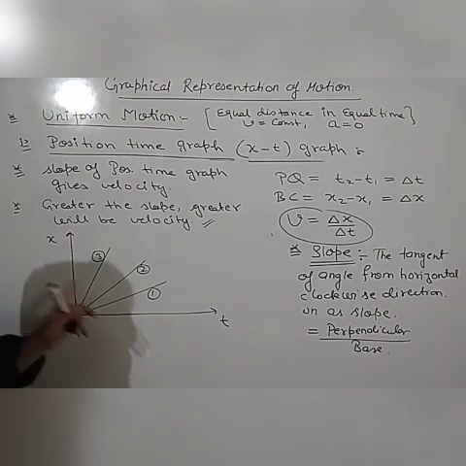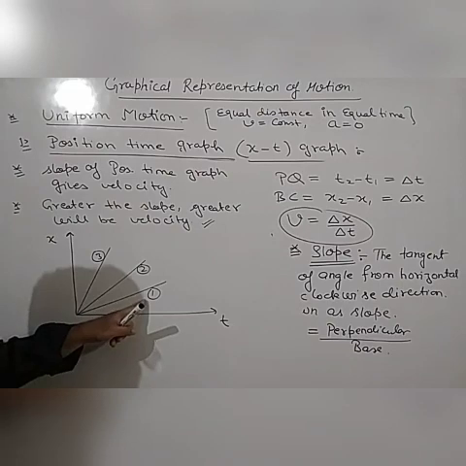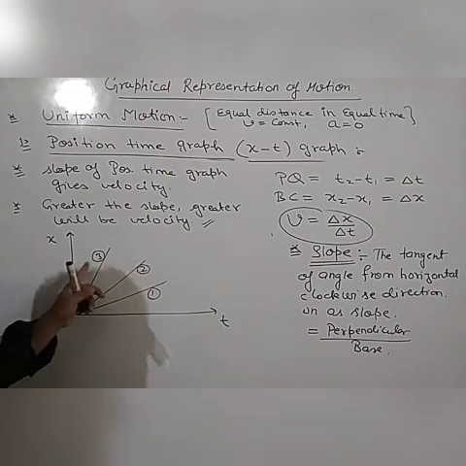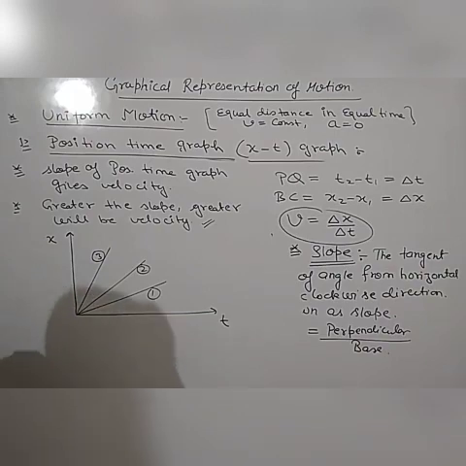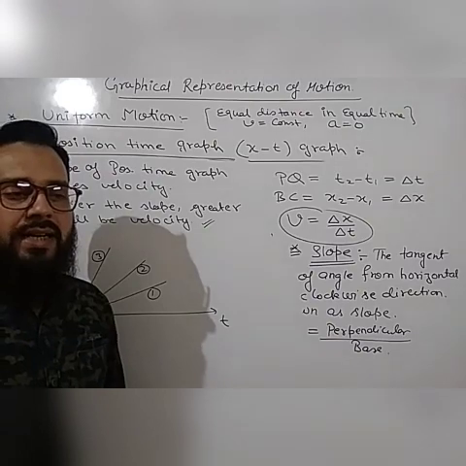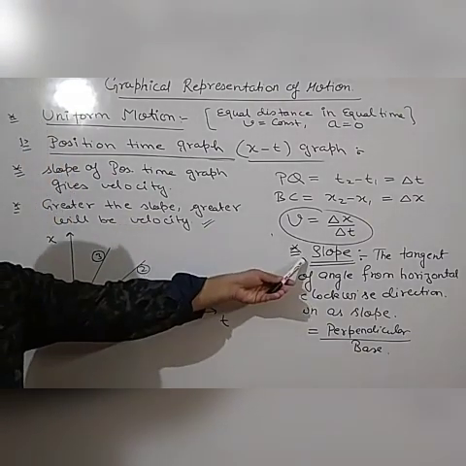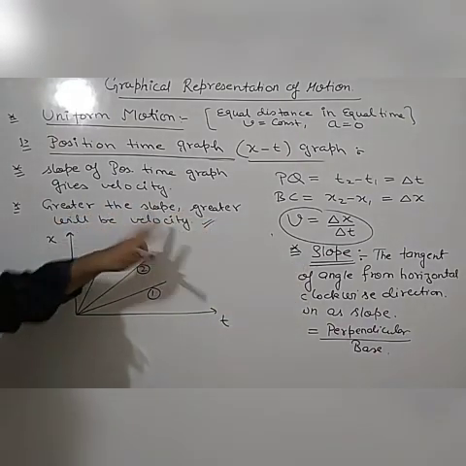First object, second object and third object. Which will have the maximum velocity? To check which will have the maximum velocity and which the minimum, we have to check the slope, because greater the slope, greater will be the velocity.